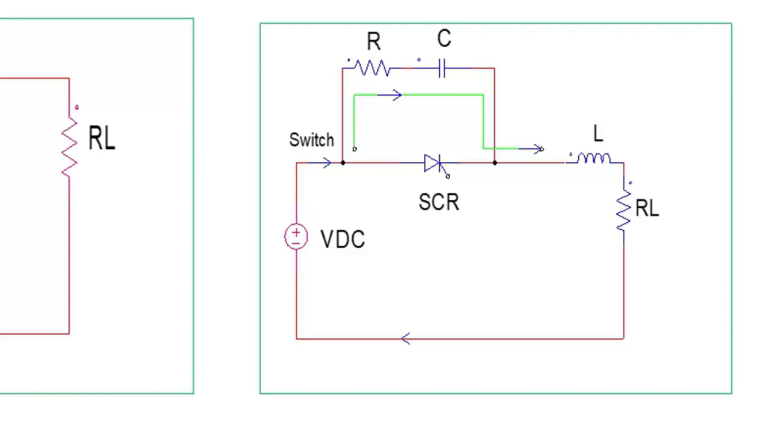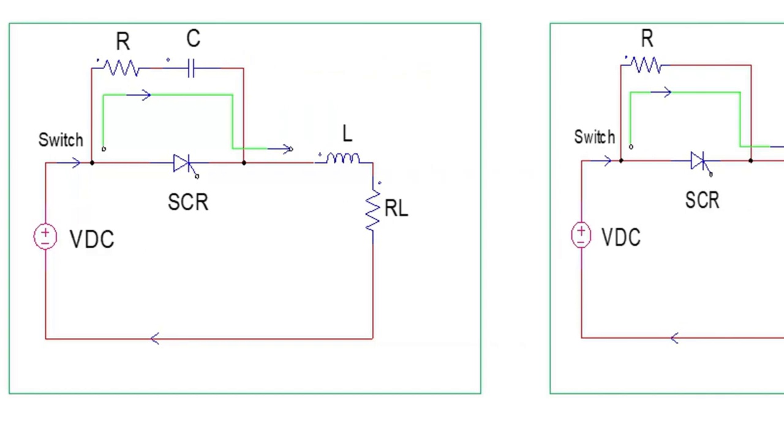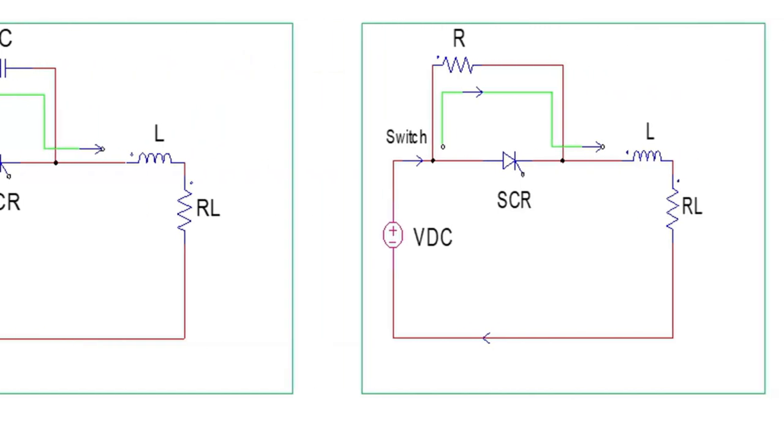At t equal to 0, which means when the switch is made on, capacitor will provide minimum impedance path, or we can assume the capacitor is short circuited. So at t equal to 0 we can remove this capacitor.